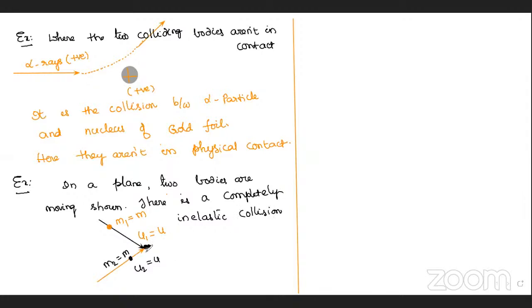Because he gave completely inelastic, stick together and move commonly with the same speed, with the final speed which is half of their initial speed. Means V1 equals V2, both move with the same velocity, that is equal to half of the initial velocity, U by 2.